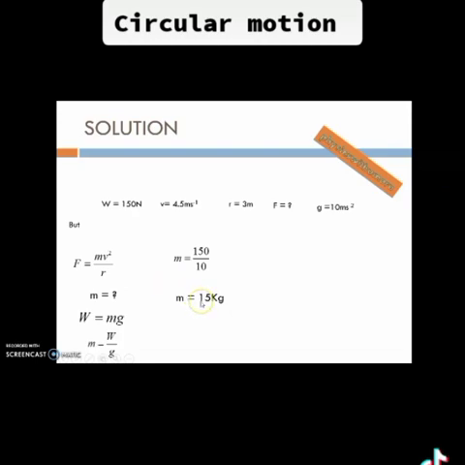So the mass is 15 kilogram, and if we substitute everything into this formula, we'll now have m as 15 kilogram, then v, which is 4.5 squared, all over r, which is 3. And 3 can cancel 15, and at the end everything is going to give us 101.25 Newton. Thank you.